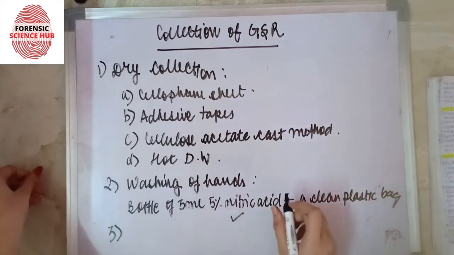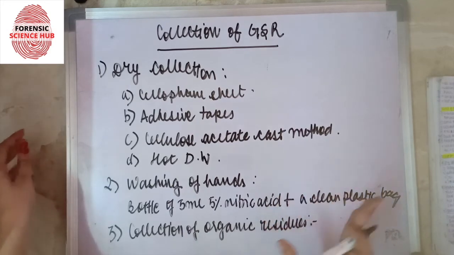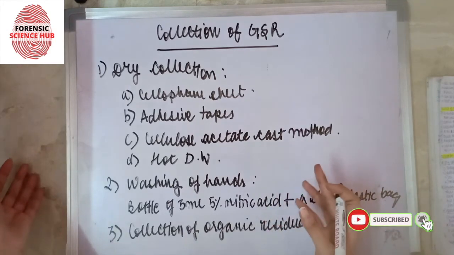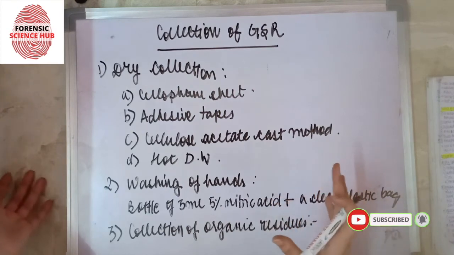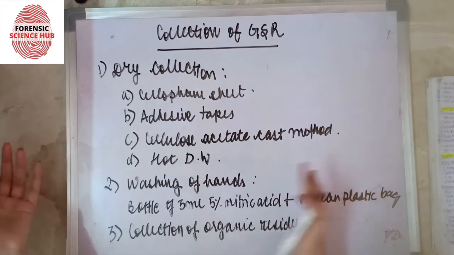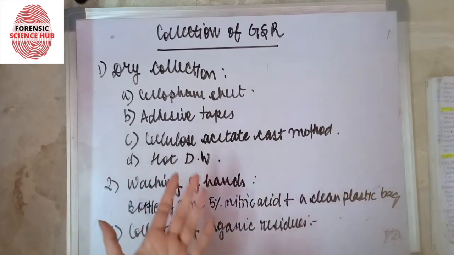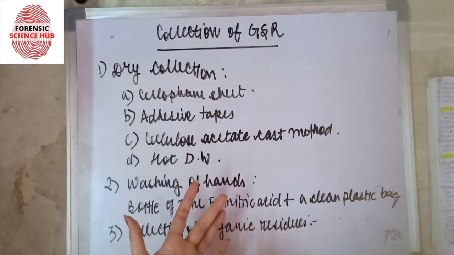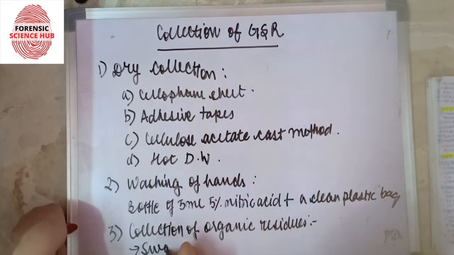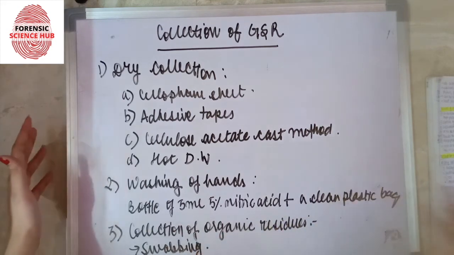Then there is collection of organic residues. In this, the swabbing method can be adopted. In swabbing we take a cotton or a clean cloth which is moistened with organic solvents like acetone, alcohol, ether, and then it is swabbed over the surface until all the GSR comes onto that cotton swab. Then there is the vacuum lifting method.